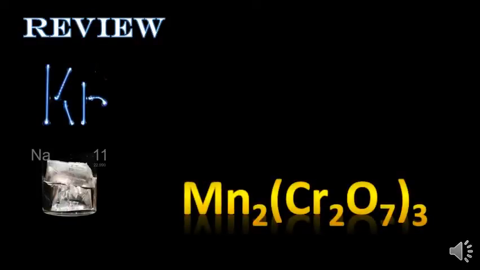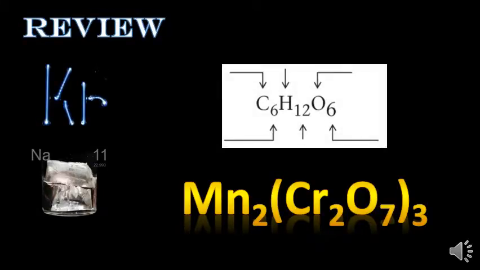Symbols come in 2 ways. One, ways that make sense, like Kr for krypton, and ones that don't make quite as much sense, like Na for sodium. And we need to learn how to count how many atoms are in each formula. Like I did for this one up here, we're going to go over some more practice on that later.